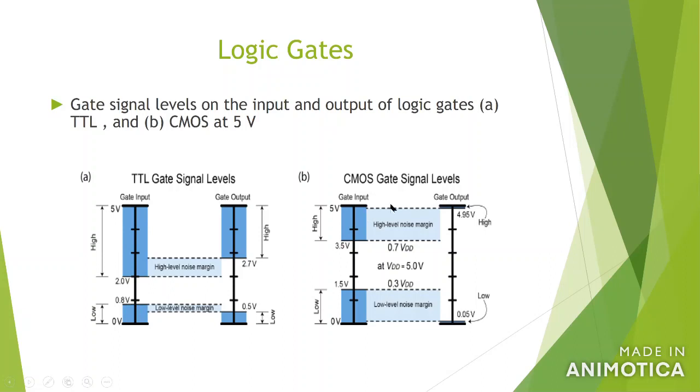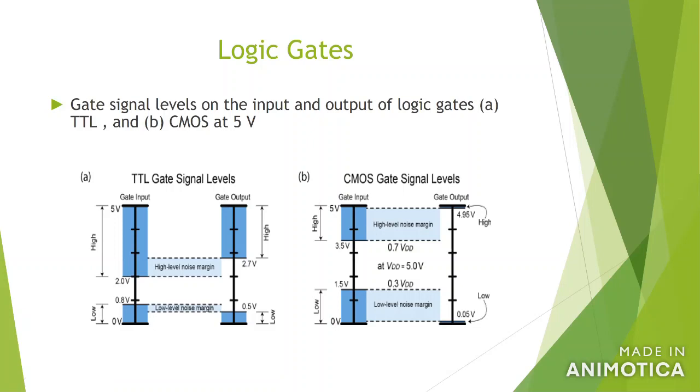CMOS is different. For input, only when the voltage is greater than 3.5 will it be considered as a logic high. So if you have a 2.5 input, a TTL gate will consider that input as a logic 1. However, for CMOS, it's not. That's the difference between TTL and CMOS.